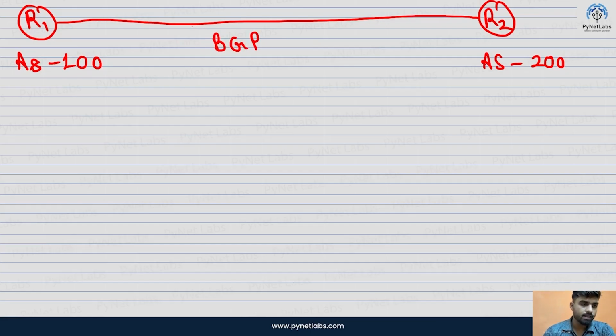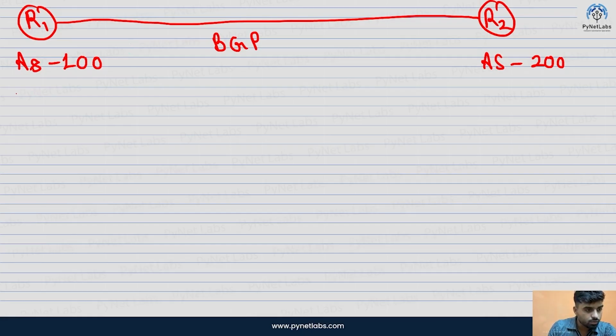Both routers will exchange routing information. But in BGP, in order to exchange routing information, your router first needs to establish a BGP connection, a BGP session we can call it.